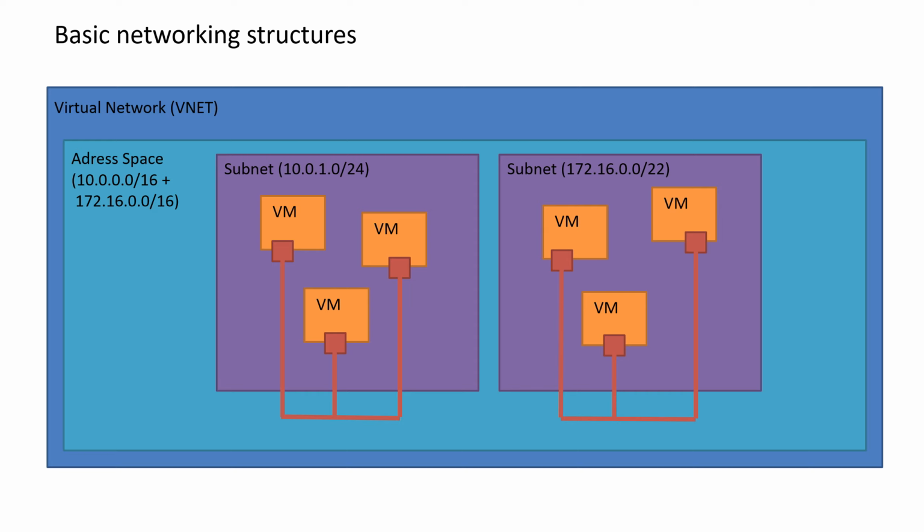Every network card in the VM will have an IP configuration, and on that IP configuration there is usually one private IP address, and there could be an additional public IP address if you wish. These private IP addresses are assigned by Azure through DHCP, and you should never change the network configuration inside the guest OS.